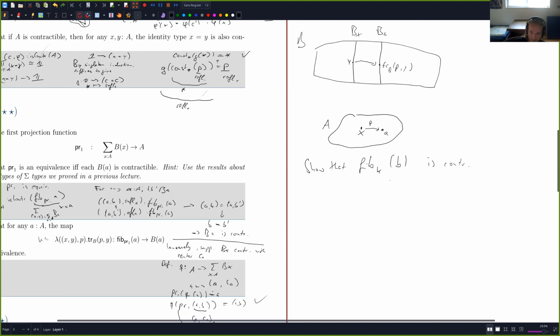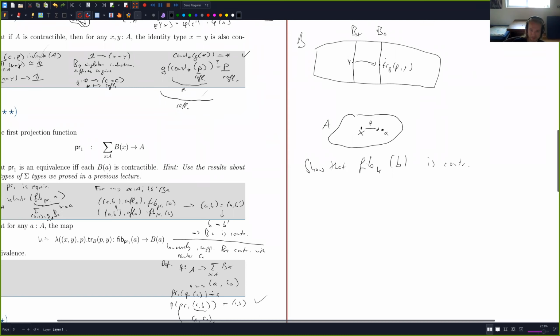And first of all, why should these fibers be inhabited? They should be inhabited because we can simply choose P to be reflexivity here, and X is equal to A, and then Y is some element in B A, and we can simply choose Y equal to B, and then transport over reflexivity does nothing.